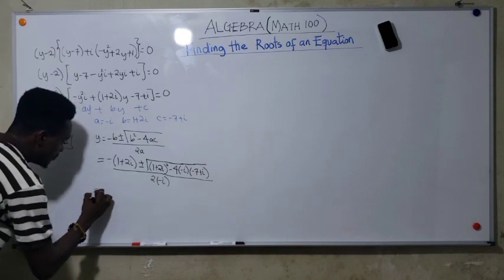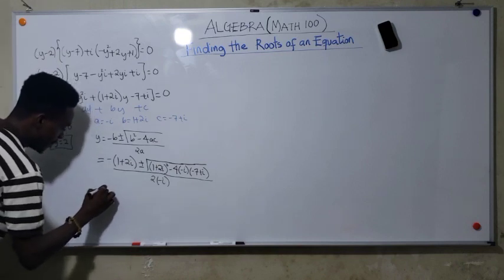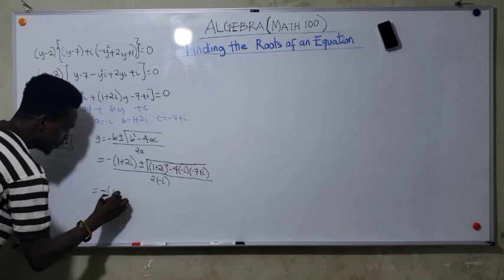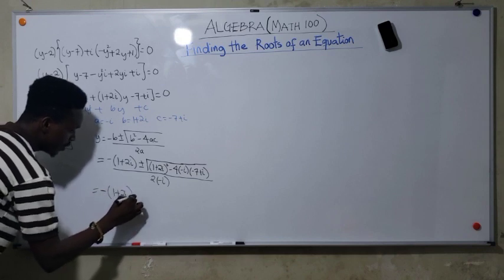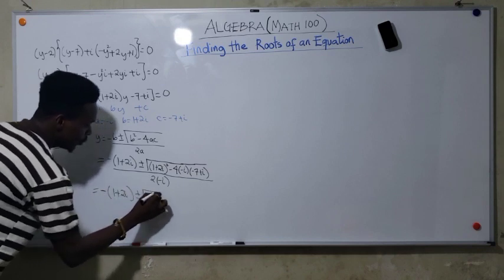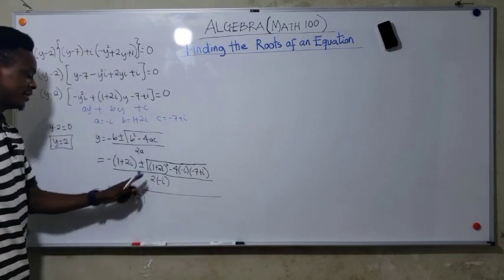So we will have minus (1 plus 2r) plus or minus the root of, and we simplify this.